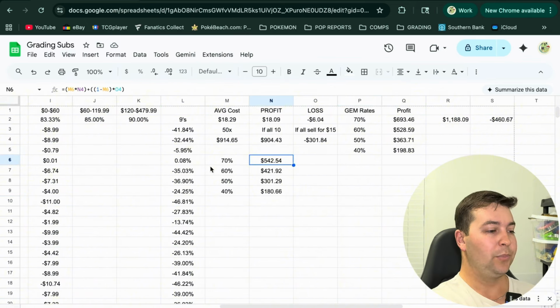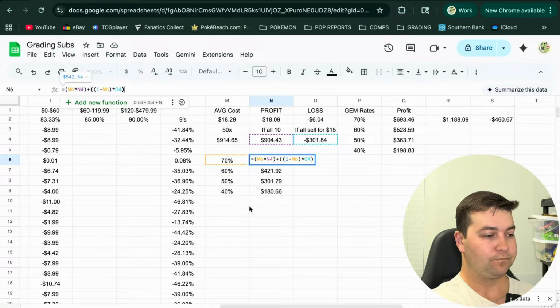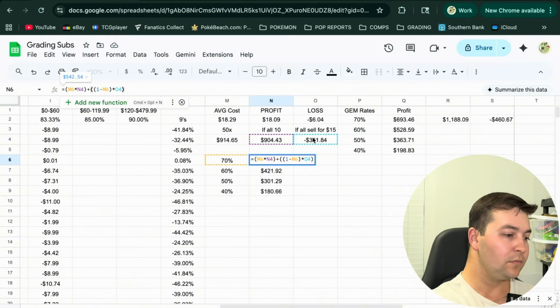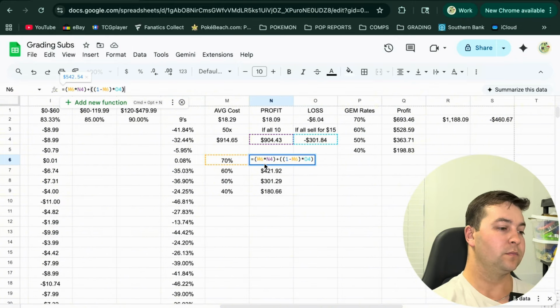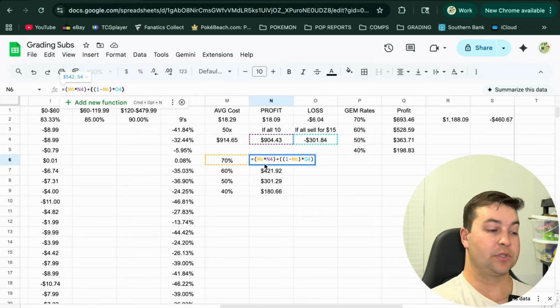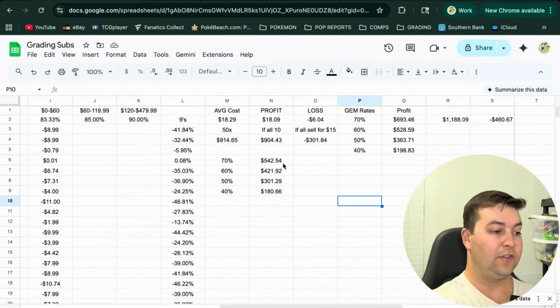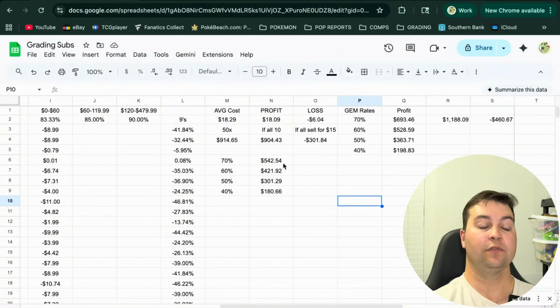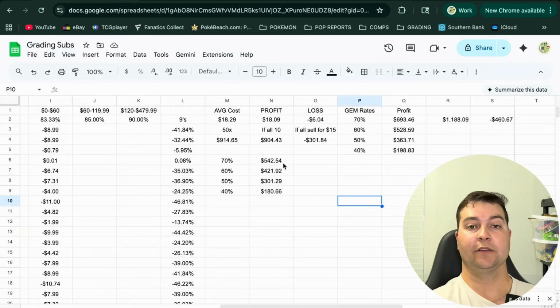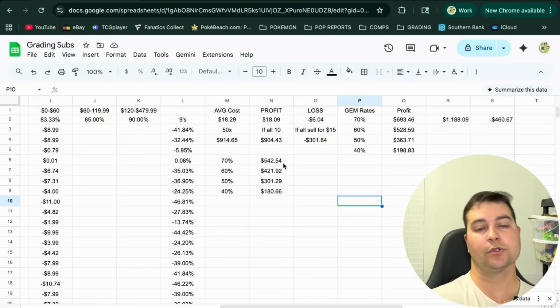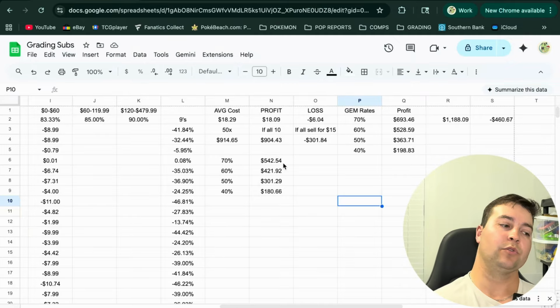So I put my gem rate at 70%, and I took these numbers right here, and whenever they were multiplied out to the 70%, that is what gave me this number, 54,542.54. And that would be what my profit would be if I had a gem rate of 70%, meaning all my gems sold for 40 and all my non-gems sold for 15.